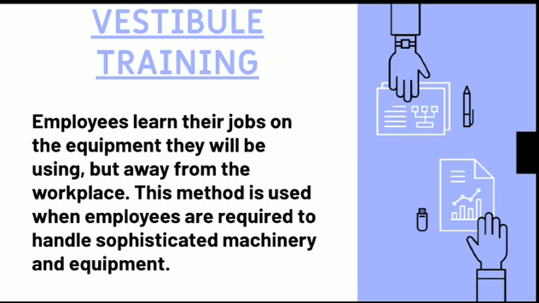An actual work environment is created in a classroom, and the employees use the same files, equipment and machineries as in the workplace, but away from it. So vestibule training is used exclusively for sophisticated machineries and equipment.